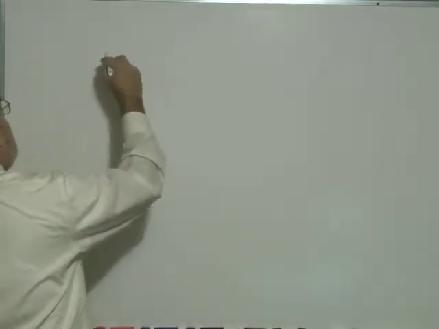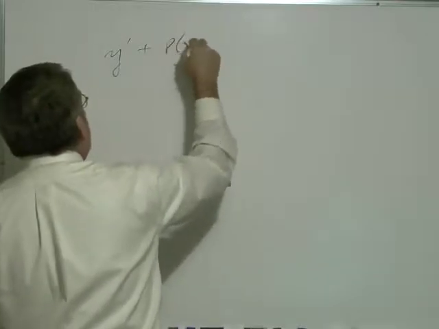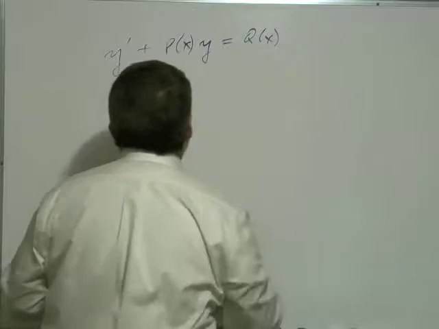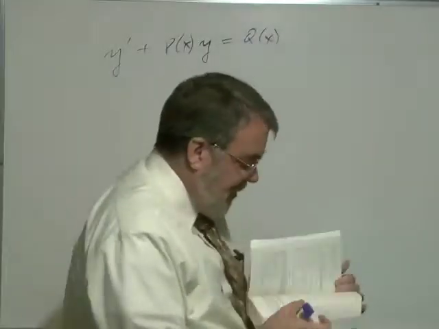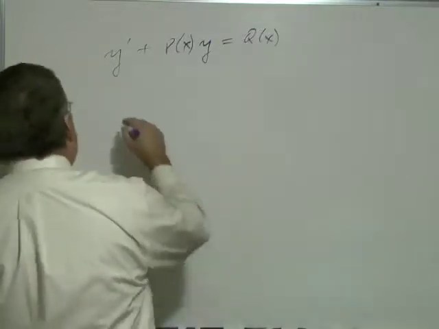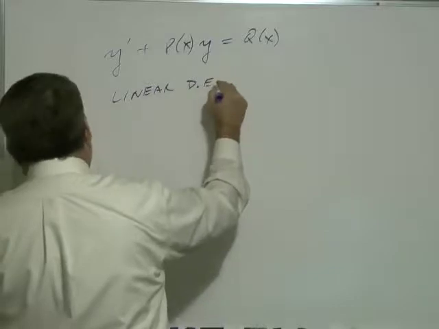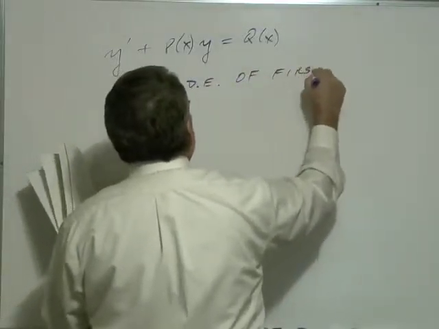All right, so it's known as the first order linear differential equation, and it looks like this: y prime plus p of x times y equals q of x. Our book calls this the linear differential equation of first order.